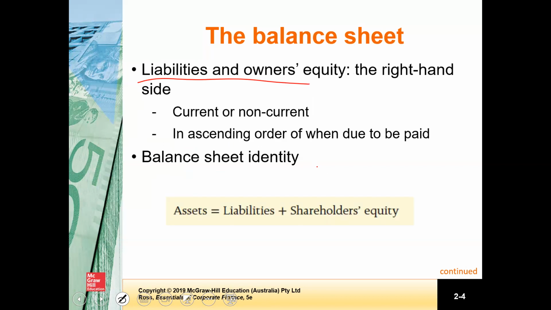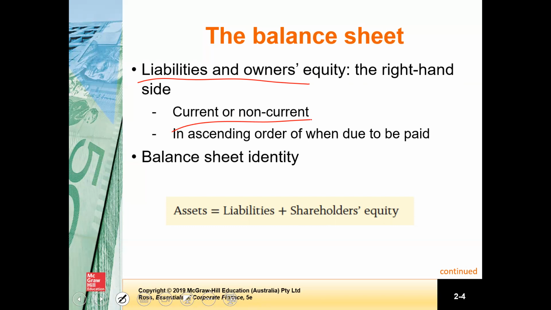As I already mentioned, the right-hand side of the balance sheet represents liabilities and equity. A firm's liabilities are listed first, and below that is equity. Liabilities are also current and non-current. The current liabilities, like current assets, are expected to be repaid in 1 year, for example, accounts payable.